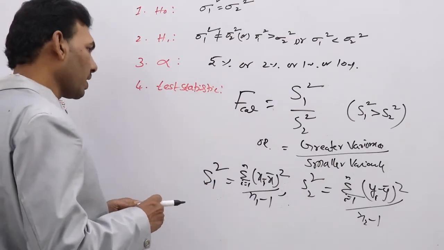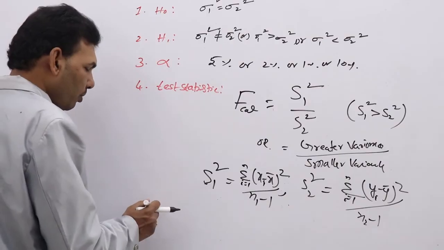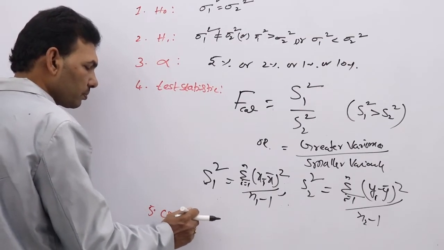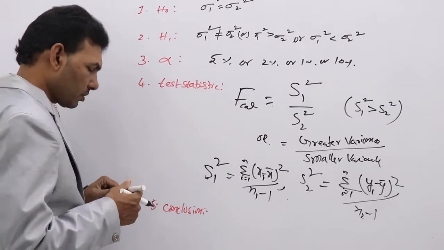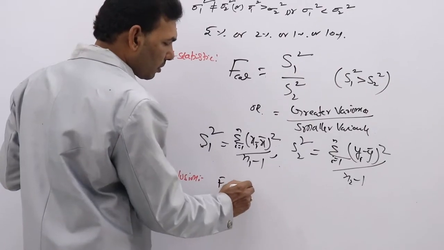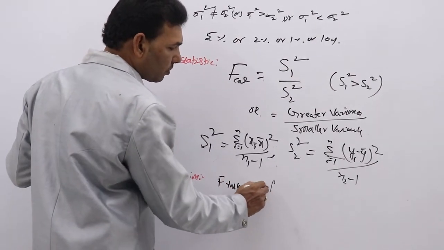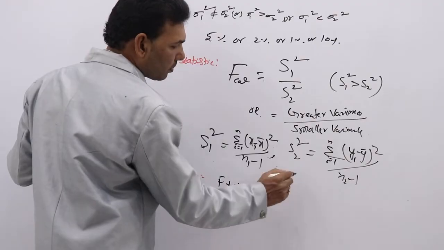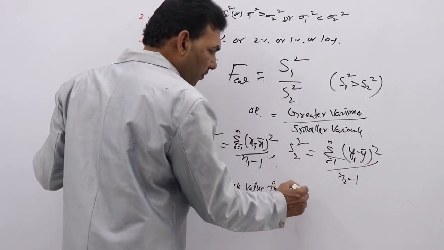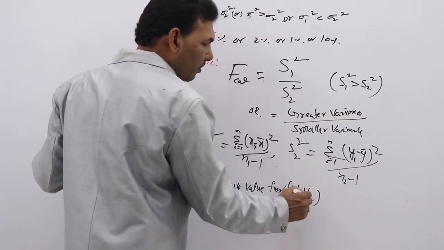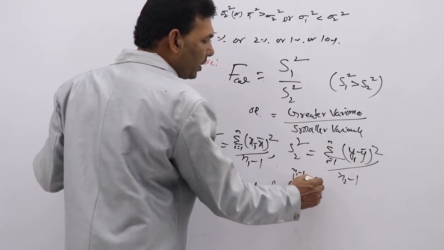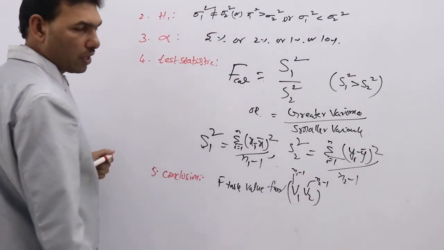Now conclusion. For this, table value we need to see. F table value for V1, V2 degrees of freedom, where V1 is n1 minus 1, V2 is n2 minus 1.